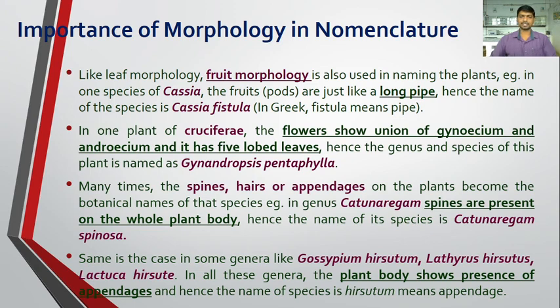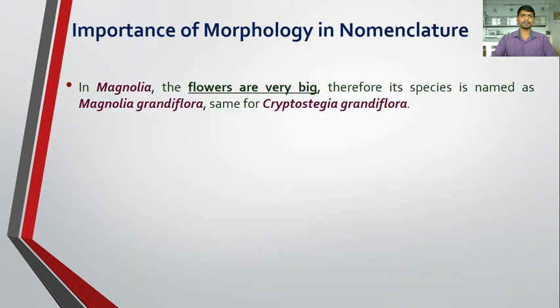For example, in case of cotton, the appendages are seen on the plant body, so the species is hirsutum, Gossypium hirsutum. Another one is Lathyrus hirsutus, Lactuca hirsuti. So all these species names have been given on the basis of presence of appendages on the plant body. Okay, so this is the importance of morphology in nomenclature.